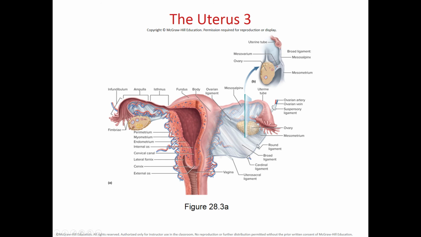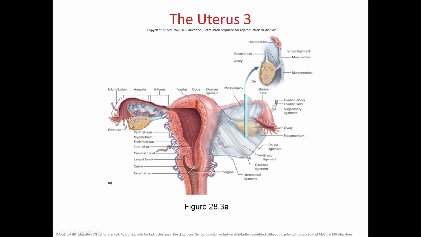So we have the round ligament that runs from the superolateral portion of the uterus into the ischial tuberosity, passing through the inguinal canal. And then we have the cardinal ligament that helps to hold not only the inferior portion of the uterus, but also part of the vagina to the sides of the pelvic cavity.